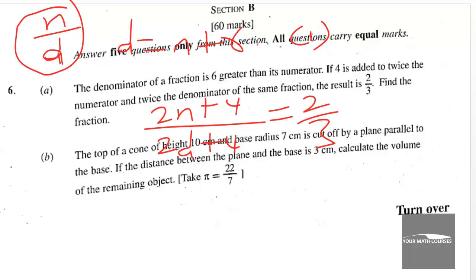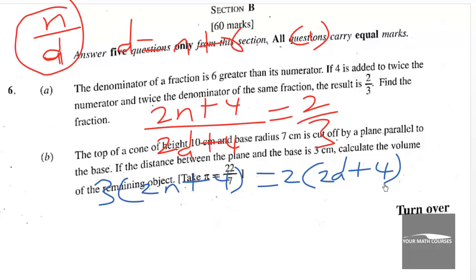We can cross multiply here. So if you multiply this by this, you get 3 times (2n plus 4) is equal to 2 times (2d plus 4). Let's expand. 6n plus 12 is equal to 4d plus 8.